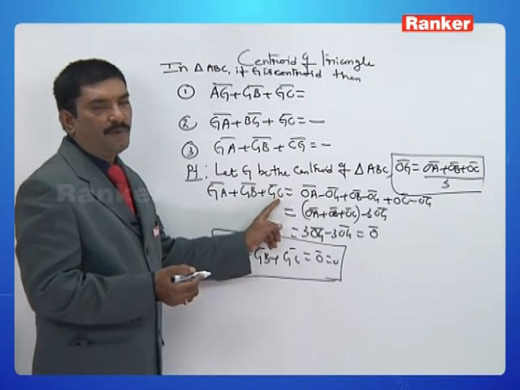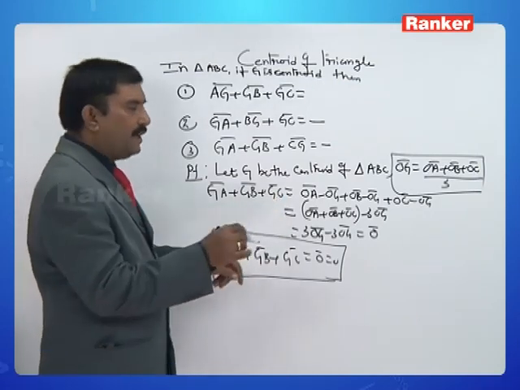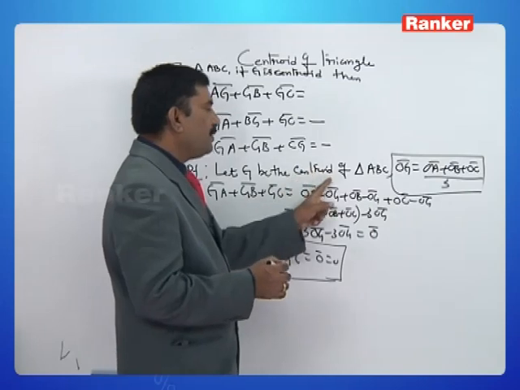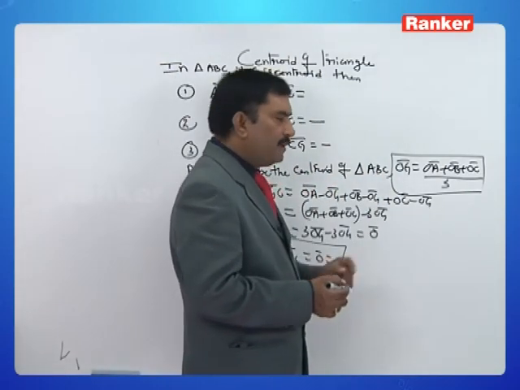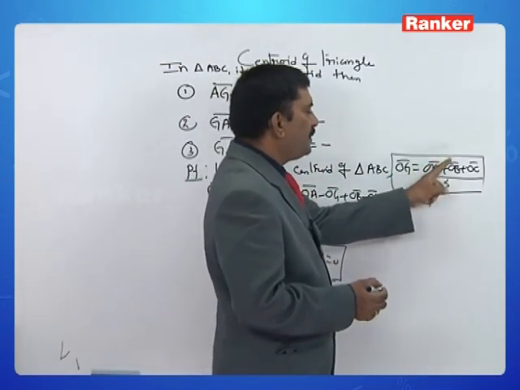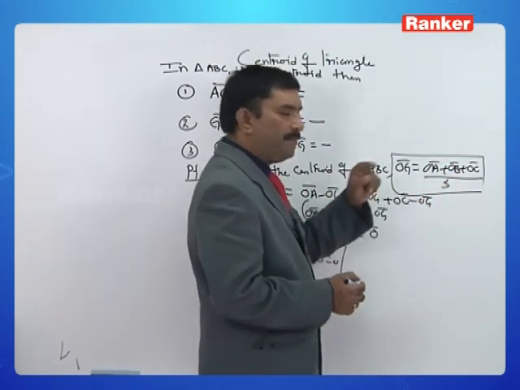Let G be the centroid of a triangle ABC. Therefore, OG bar is equal to OA bar plus OB bar plus OC bar by 3.